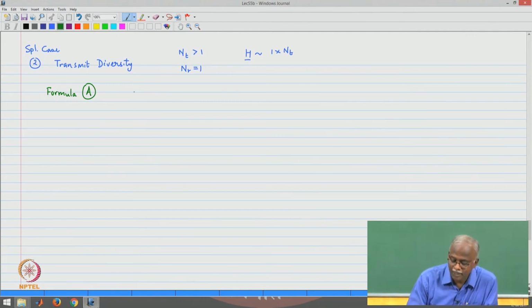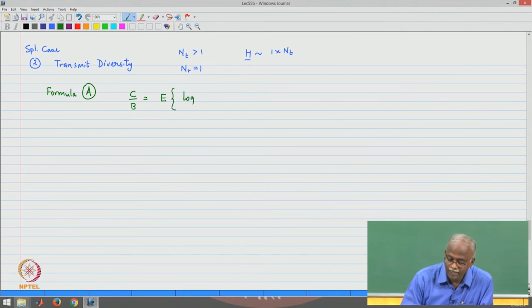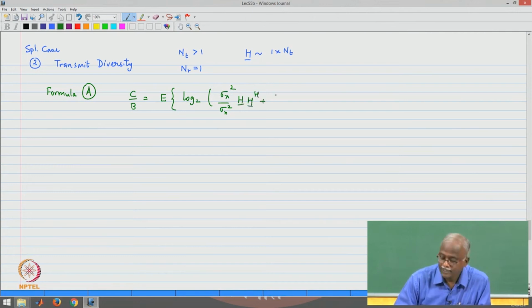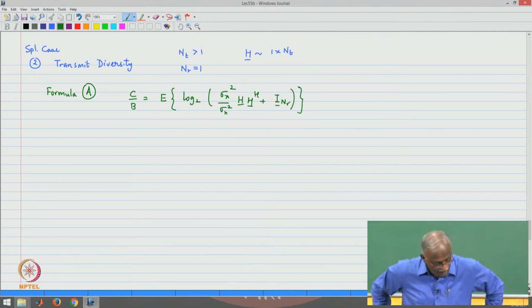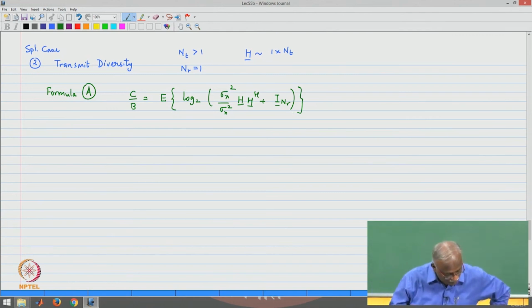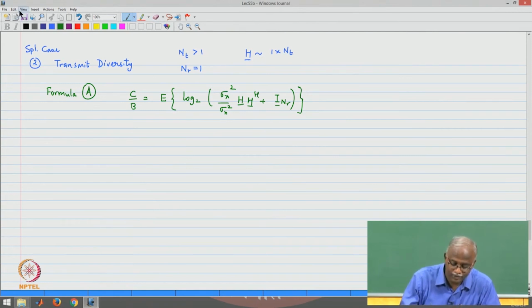So, under this formula, we get C by B equal to expected value of logarithm base 2 of sigma x squared by sigma n squared H Hermitian plus INR. Okay. So, this is the logarithm. I have forgotten to write the determinant.